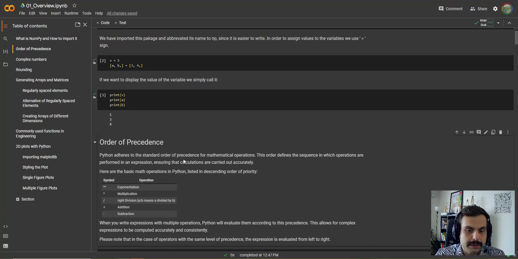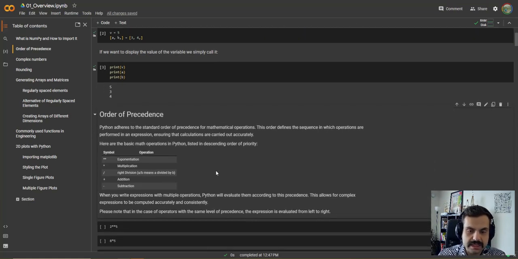Another important concept starting with programming is order of procedures, which matters, and it's from left to right. And it matters because sometimes we don't want to explicitly show which operations should happen first, and we just want to use the intuition of the program to do so.